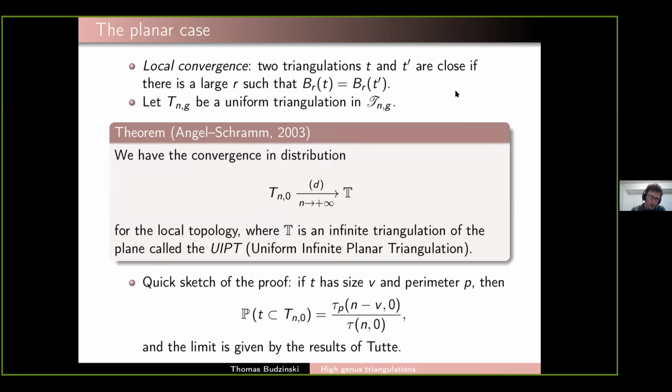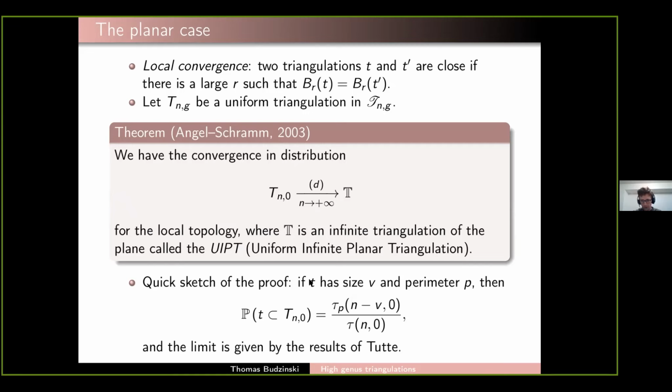Now I'm going to give a very quick idea of where this result of Engel and Schramm comes from. If we're interested in the neighborhood of the root, what we want to understand is the probability.